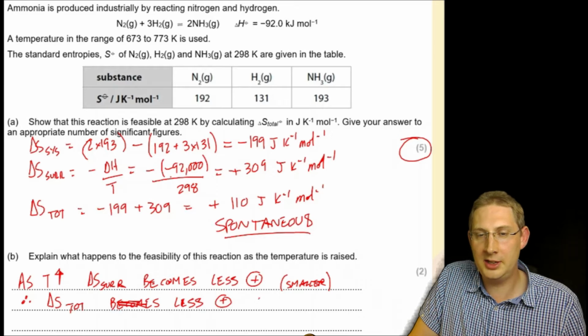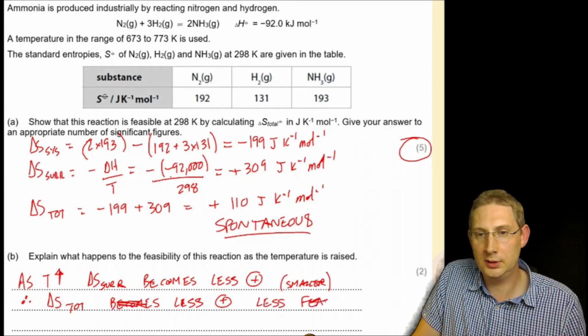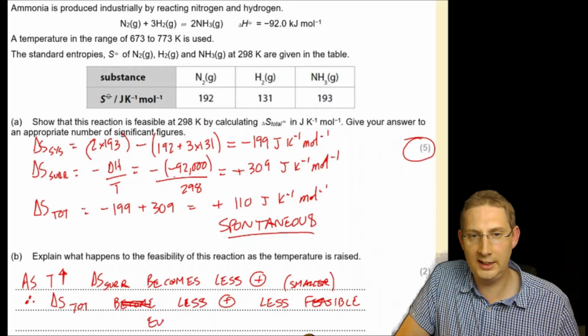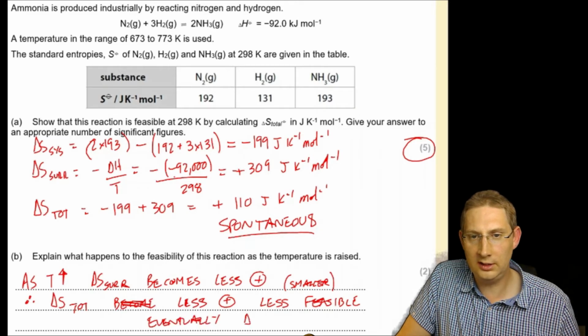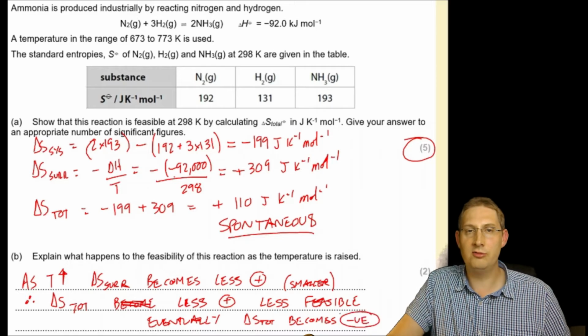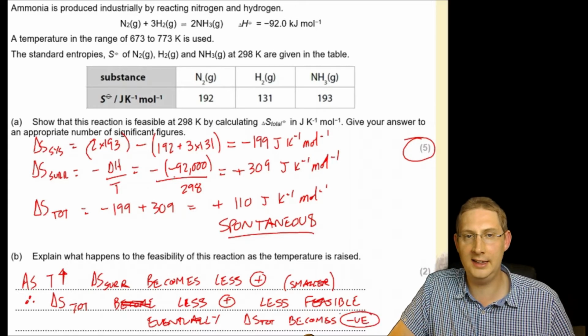In other words, it becomes less feasible. And although you probably don't need to write this, eventually deltaS total becomes negative. In other words, the reaction stops being spontaneous.